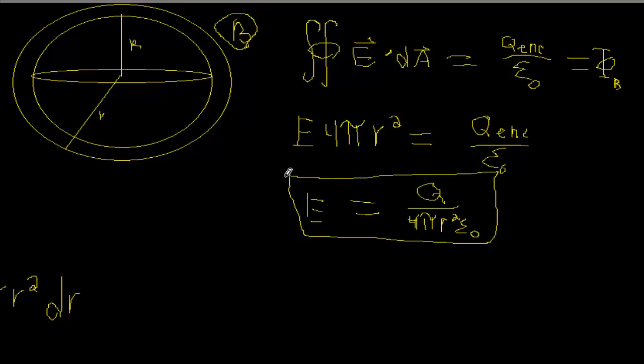Some constant, 1 divided by 4 pi epsilon naught, times a charge divided by its distance squared.